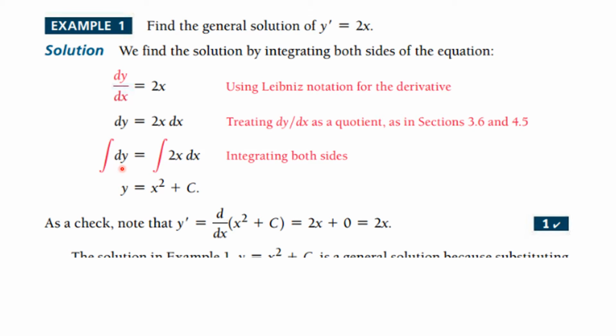When we integrate dy, we just get y. When we integrate 2x, we get x squared plus c. Now you might say, oh, we get a constant over here, Jim, and a constant over here. You do, but we just lump them all together here. And we certainly can always check this by taking the derivative of the answer and seeing if we get 2x, and we do. So that is a solution.